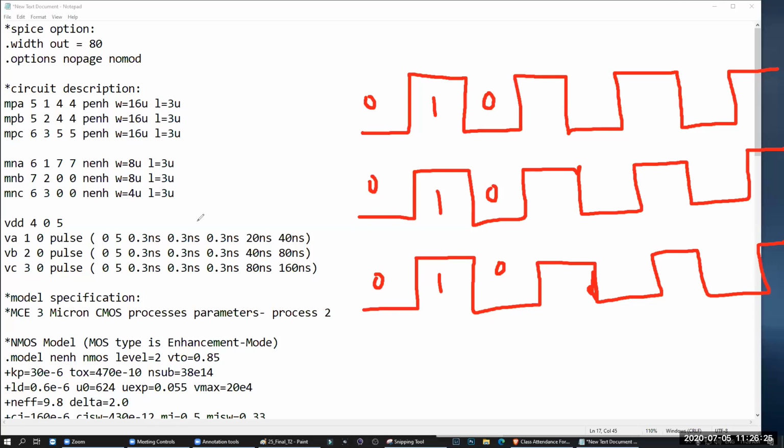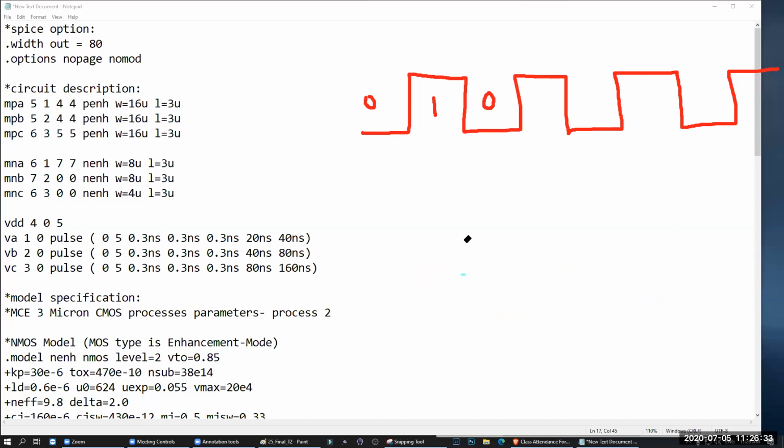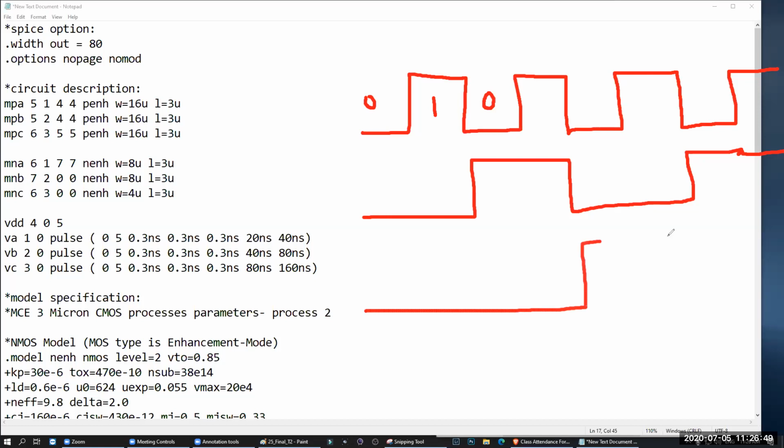So that's why we will make them double. If we make them double, look at this. Double. This one will be again double. Okay.